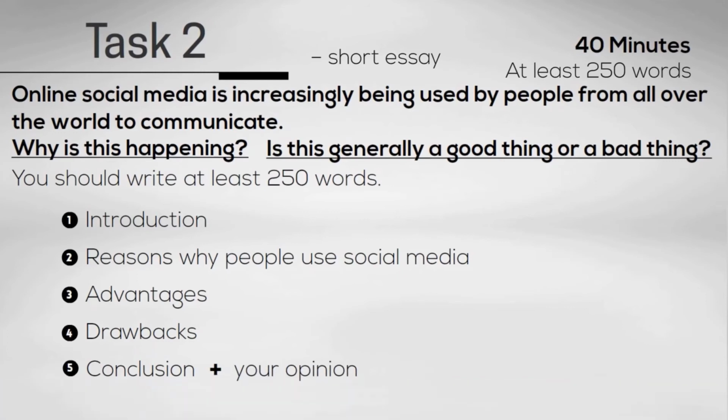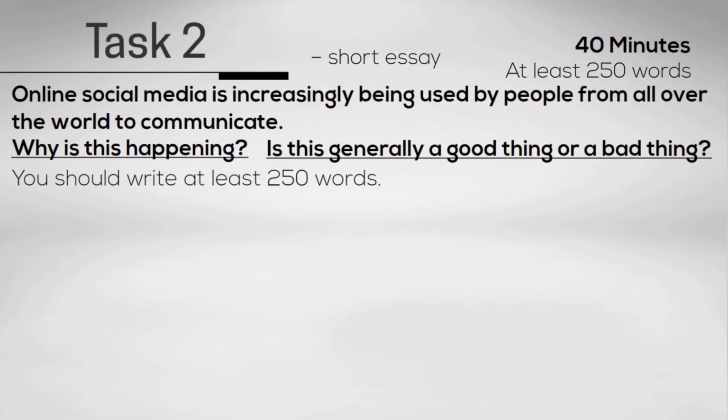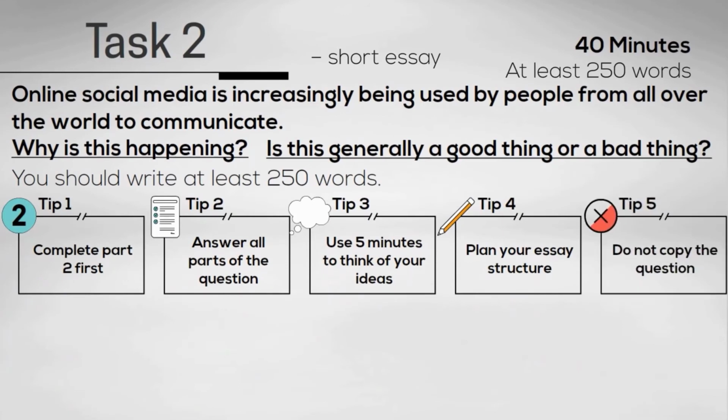The notes you have made in the first 5 minutes form the basis for your plan. Okay, so next, start your introduction. In the same way as task 1, do not copy the question. Use your own words. That's tip number 5. And then continue with the body paragraphs and conclusion.